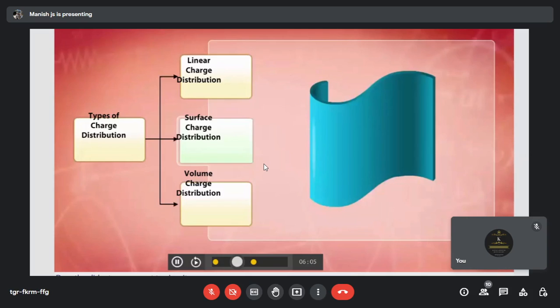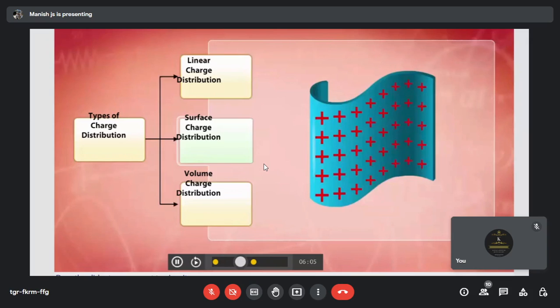The second type of charge distribution is where the charges are distributed over an area. Such a charge distribution is called surface charge distribution. An example of such a distribution is that of a charge sheet.